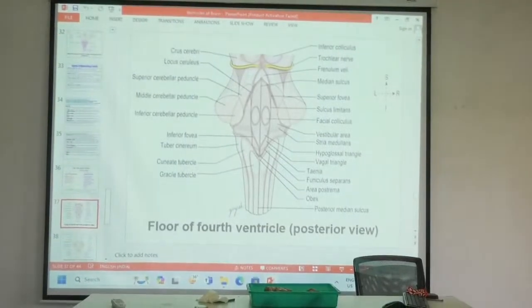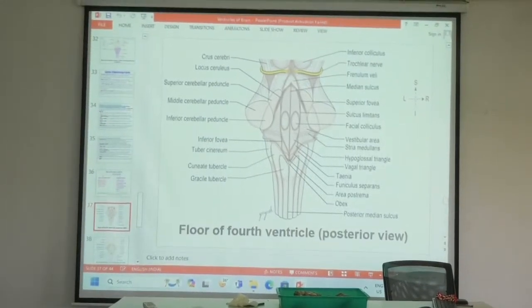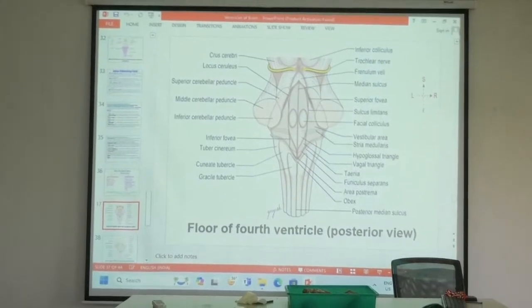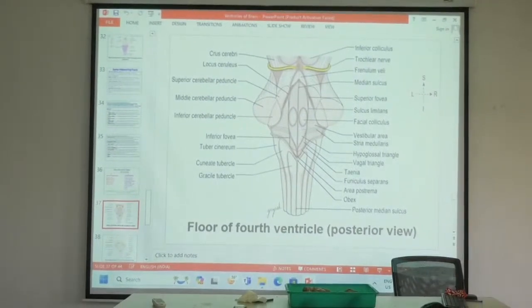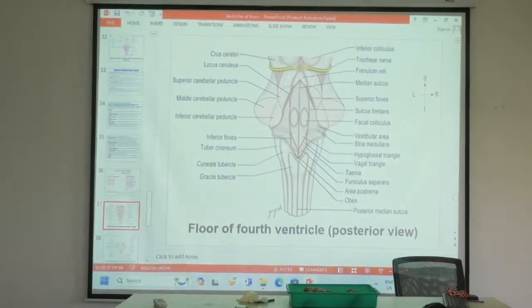So, in the midline, you can see there is the median sulcus. Parallel to the median sulcus, on the two sides there are two longitudinal sulci. These are known as sulcus limitans. The area between the median sulcus and sulcus limitans is the medial eminence.